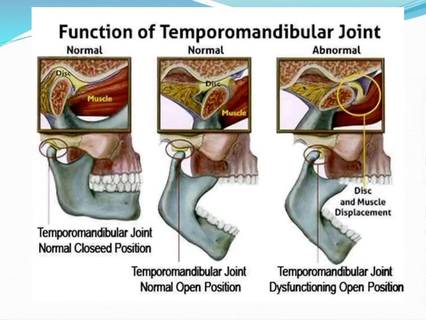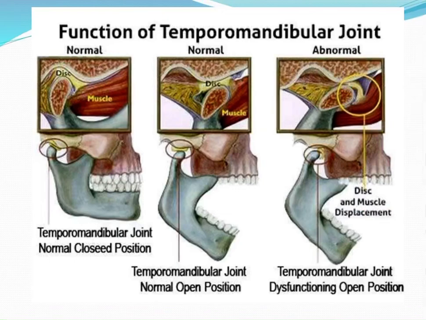The function of the temporomandibular joint. As we see here in this picture, in normal function, when the mandible is closed, the disc is in its correct position. It's over the head of the mandible, in its right position.